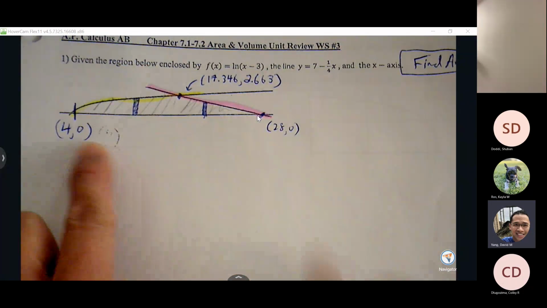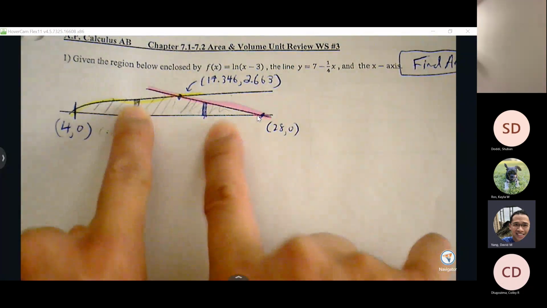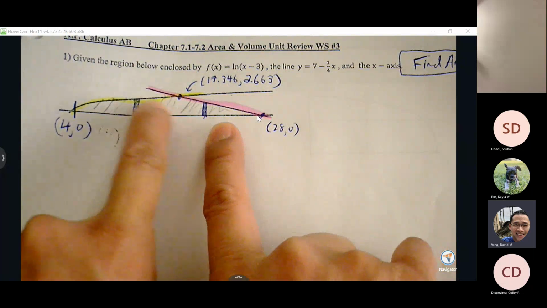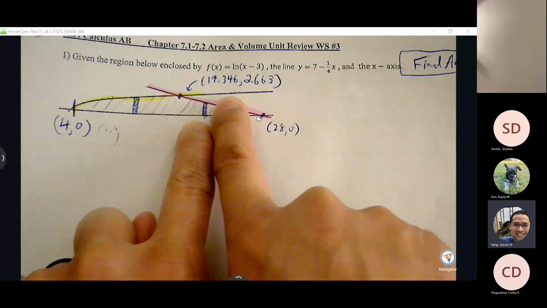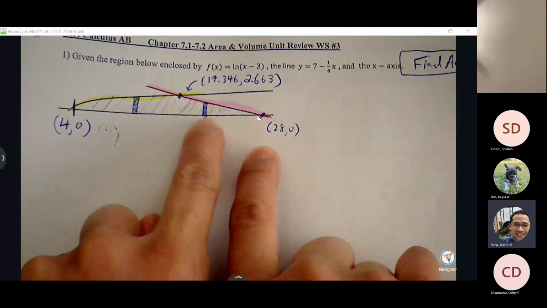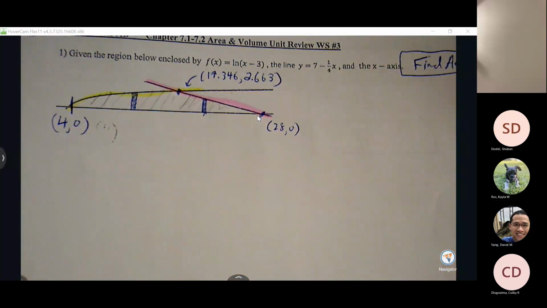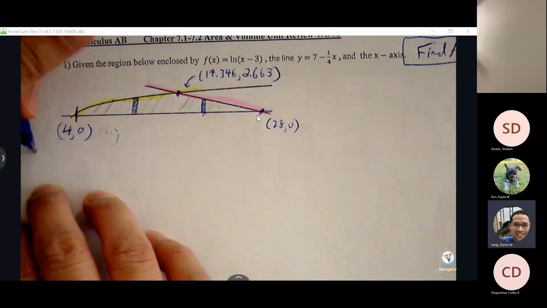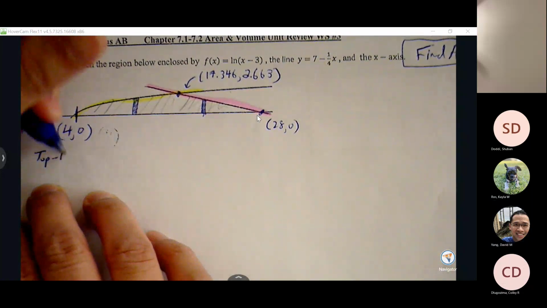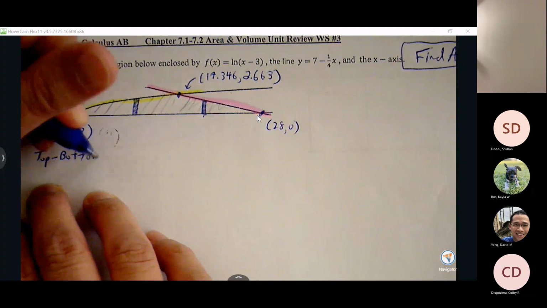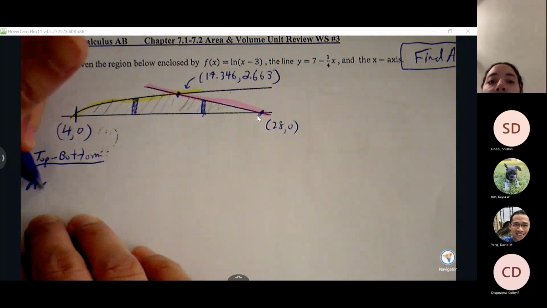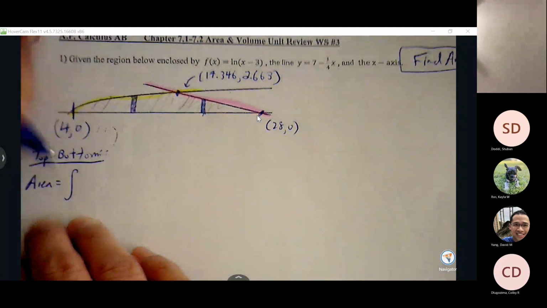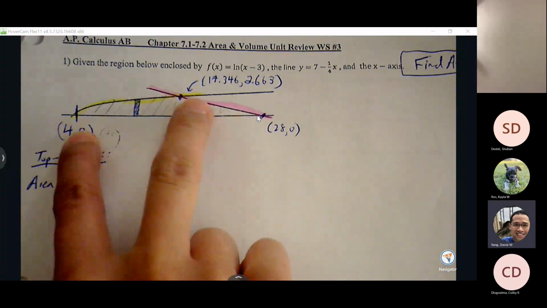Okay. So we need two separate integrals, right? One top minus bottom for the curve and the x-axis, and I need another integral between the linear graph and the x-axis. So I'm going to do top minus bottom for this first method. So I'm going to go from 4 to 17.